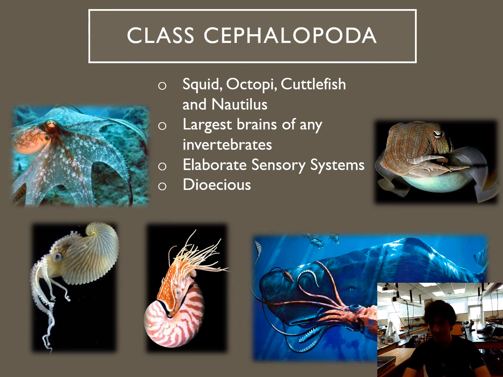One of the things that aids in these organisms' intelligence is that they have a very complex eye. This is one of the three times that an eye has evolved over time: in cephalopods, in arthropods, and then in vertebrates.